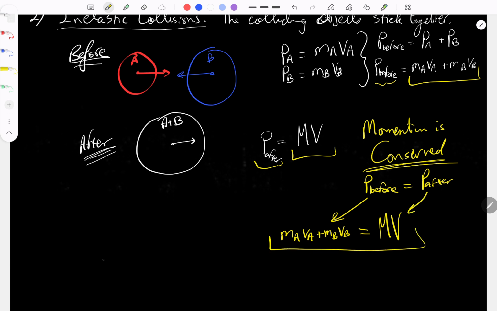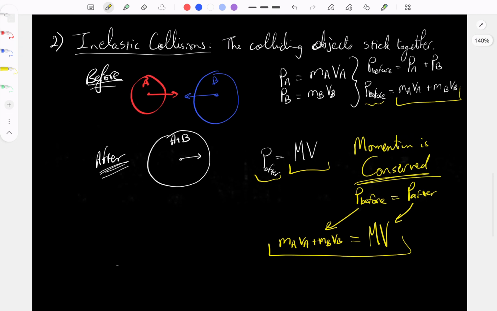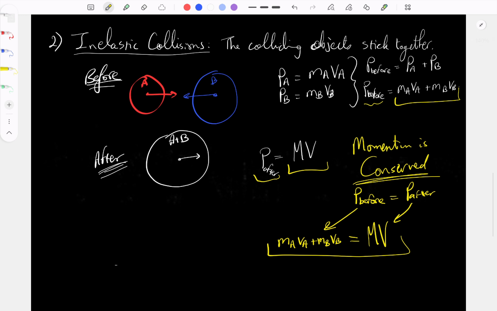And this is the formula we're going to be using. This is kind of a proof of why this formula is correct, the one that we will be using in the case of inelastic collisions. So MA VA plus MB VB represents the momentum before the collision, and this is the after.